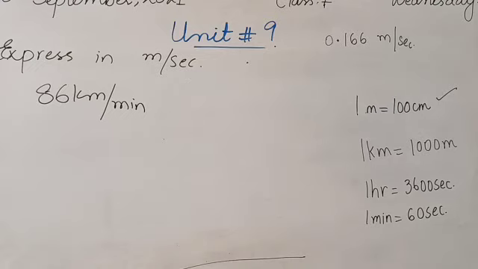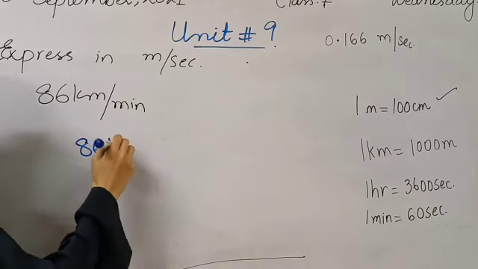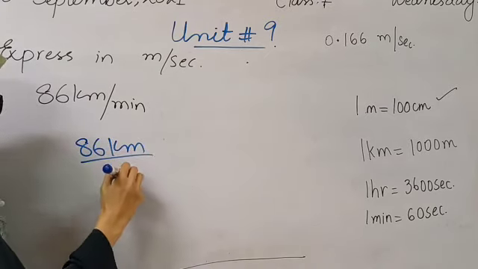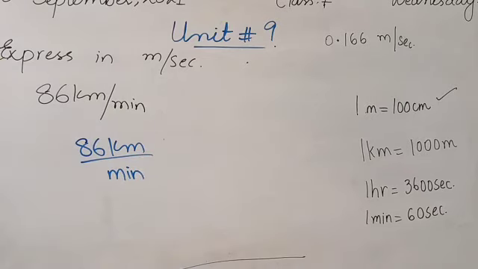Yes, Abdullah, have you done this? Okay, good. We have 86 kilometer per minute. Okay. First of all, see the conversion factor from kilometer to meter. What is the conversion factor for kilometer to meter?